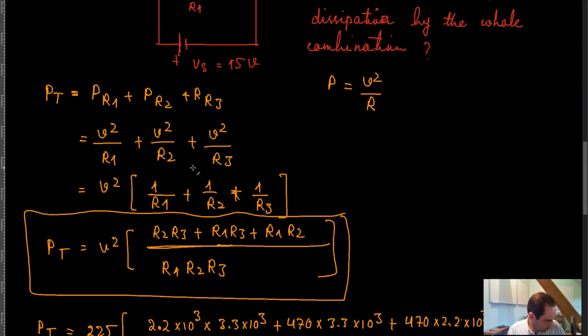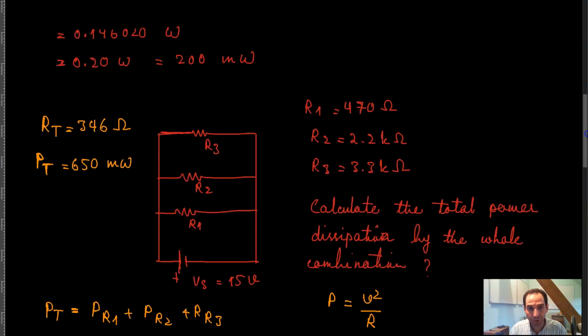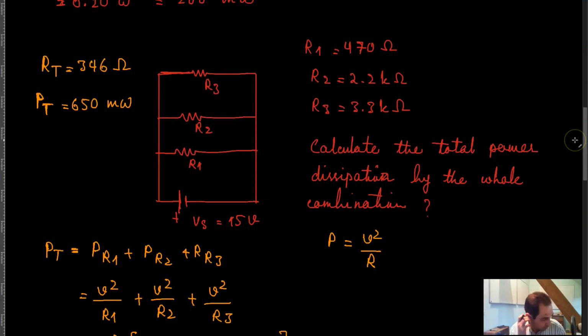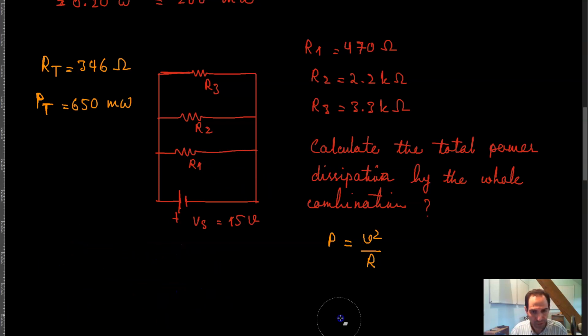Now, in the same circuit over here, if you want to, for example, calculate the power dissipated by R1, how do you calculate that?